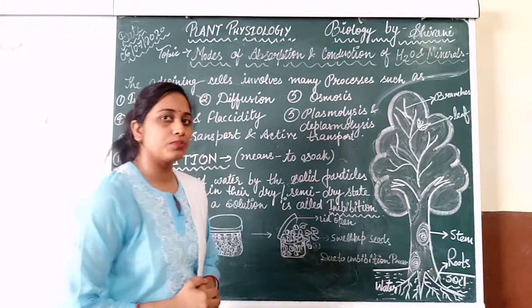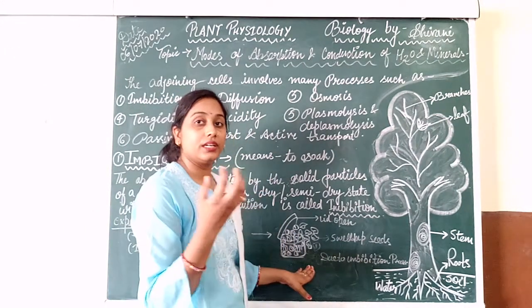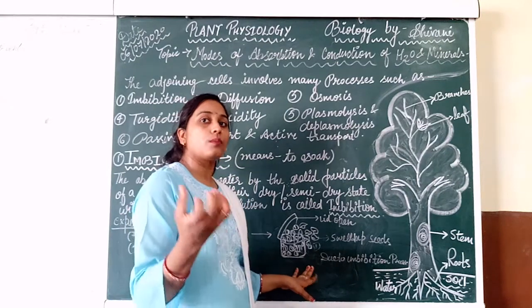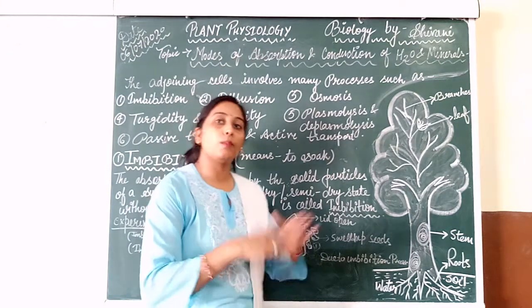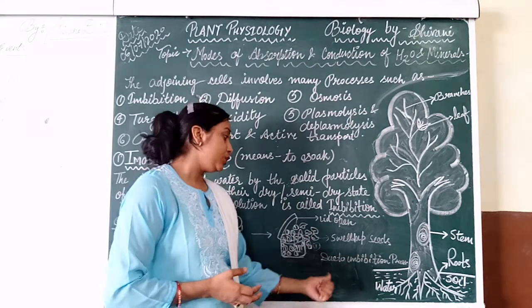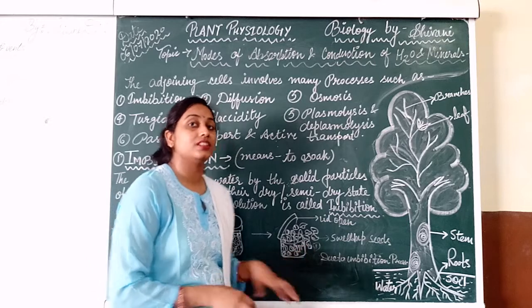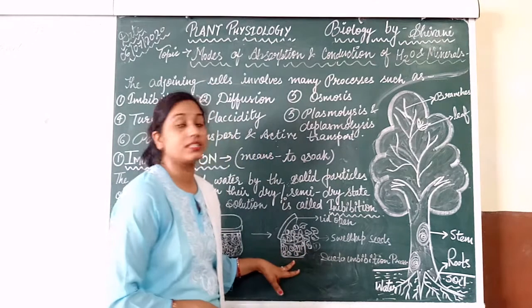So what you will observe over 2, 3 or 4 hours is that the lid of that can or bowl will open by itself. Why will it open by itself? Due to the imbibition pressure applied in this. There is a tremendous pressure inside this can.